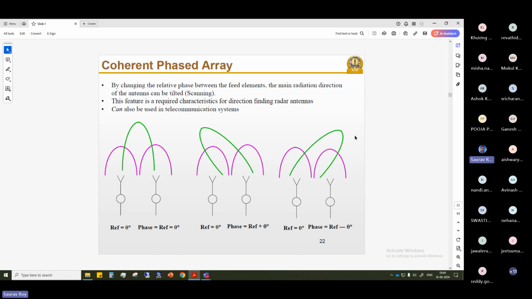That is right. What is that common element? They have constant phase at all times. No, no, phase only we are changing, right? We are playing with the phase difference only. I'm saying the reference is common. What is the reference?